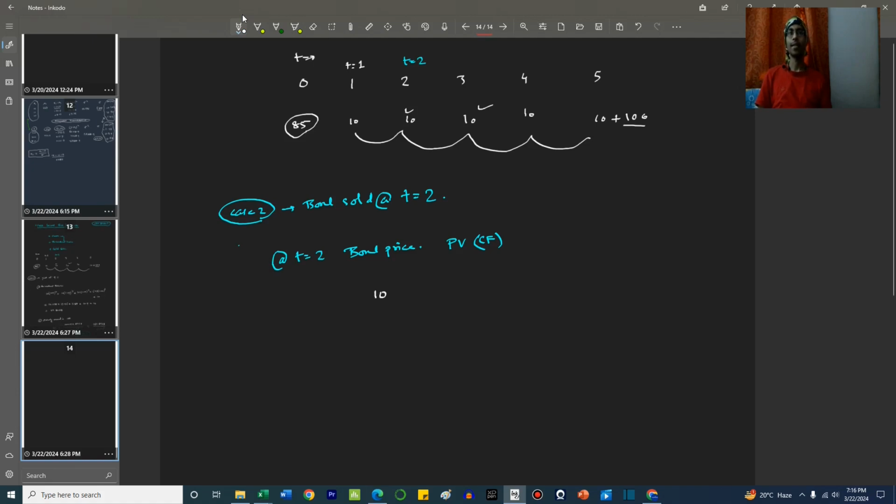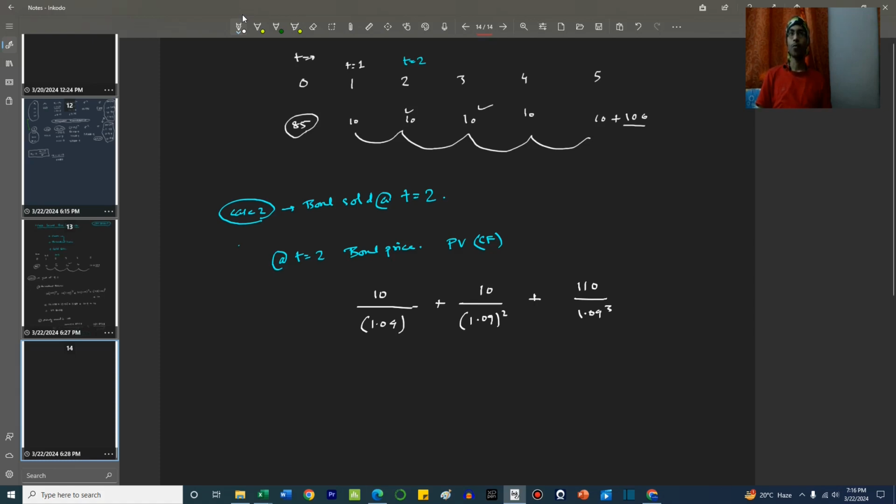At t equal to 4 there is another cash flow of 10. At t equal to 5 there is another cash flow of 110. Now this gets divided by 1.09 cube, this gets divided by 1.09 square, and this gets divided by 1.09, right?